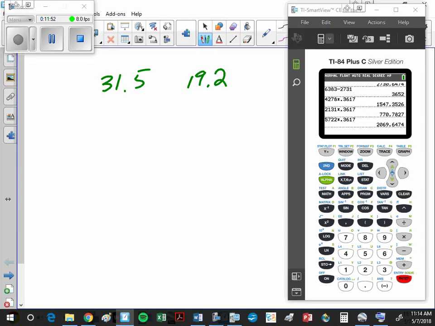So how many men never married? Of 31.5% of 143. So 0.315 times 143. How come I can't just compare percentages? Because there are different amounts.